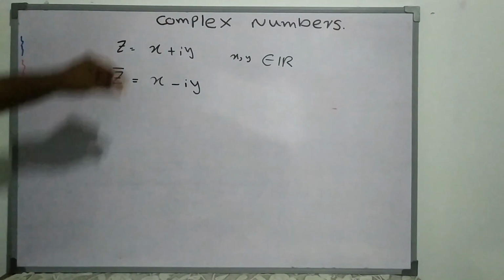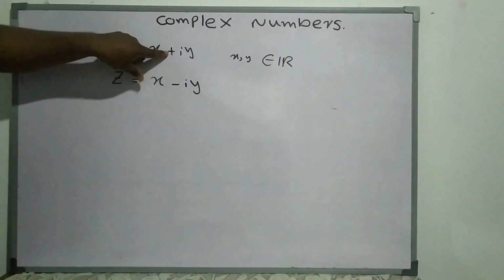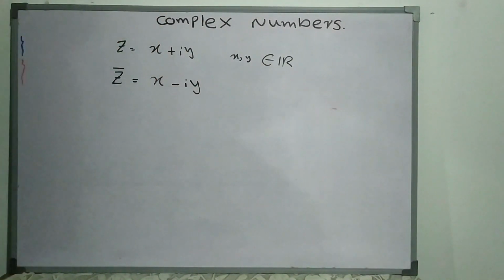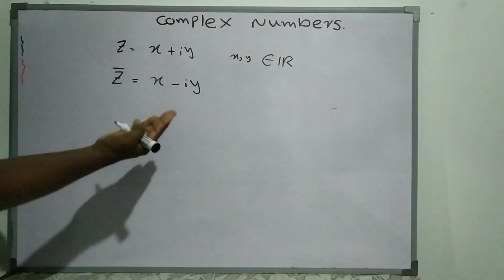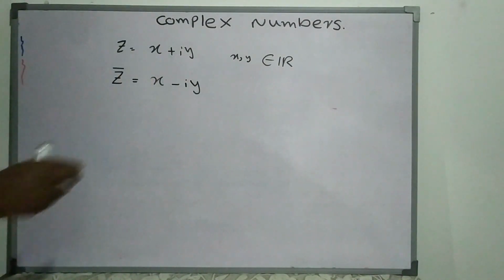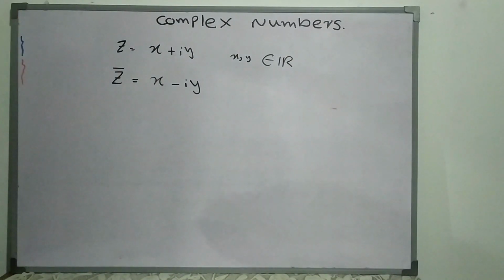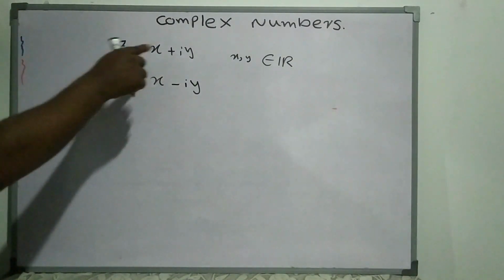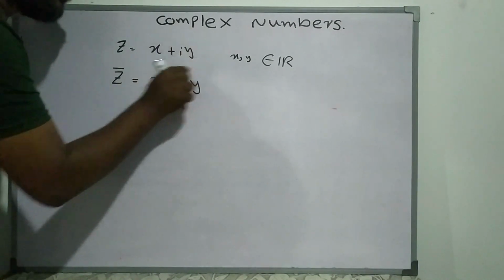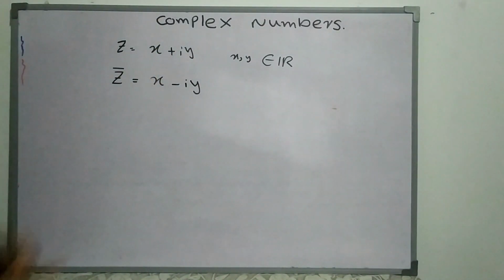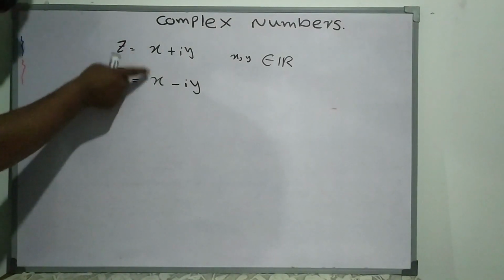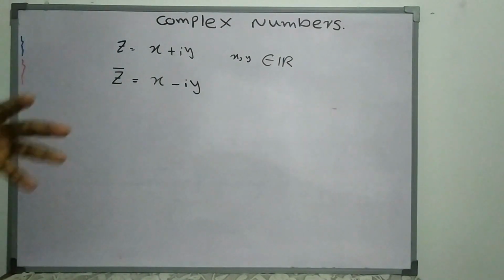So what happened here? The positive sign has been changed to minus, and if it is minus, then it will become positive. Whatever the operation, you have to change the sign of the imaginary part, but nothing changes with the real part.